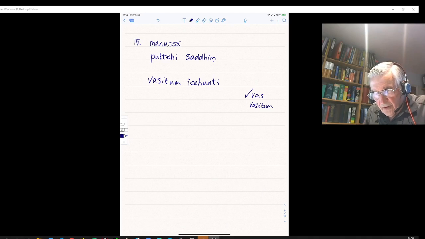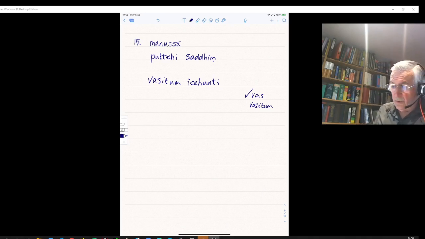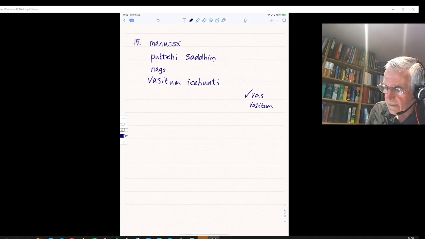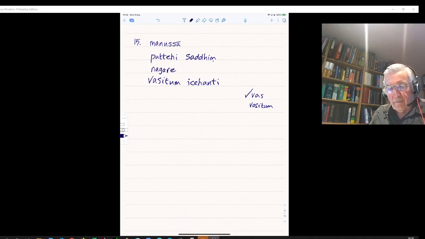Right, so here we have a locative singular and a locative plural. Nagara, city. In the city, locative nagare. House, geha. In a house, singular, gehe. In houses, locative plural, gehesu.